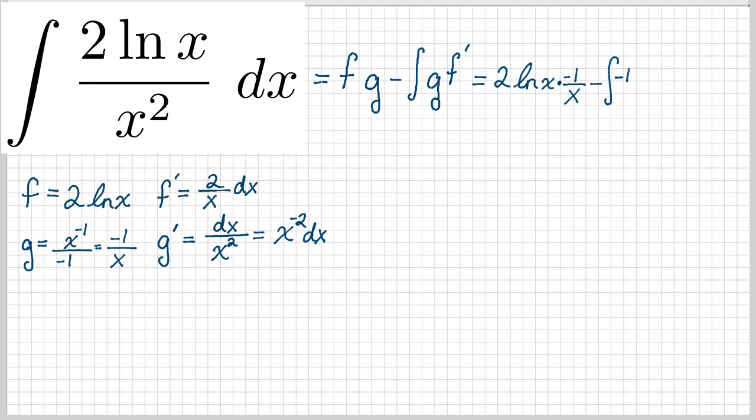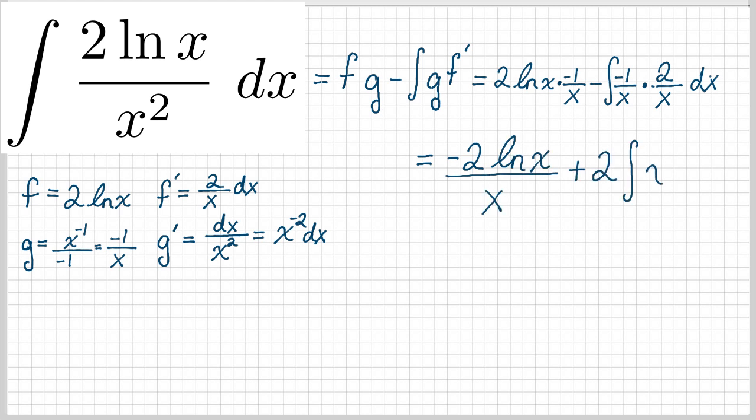So when I replace everything in the integration by parts with what I've assigned to it, it looks like that. And now I'm just going to clean stuff up, combine minus signs, combine x's, and what have you, to get a nicer expression here.